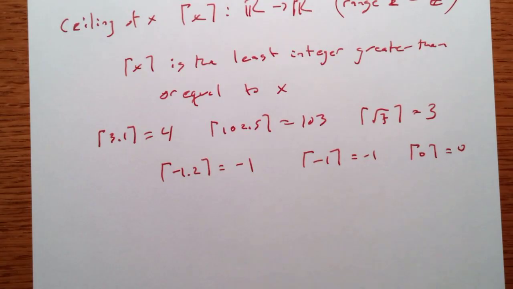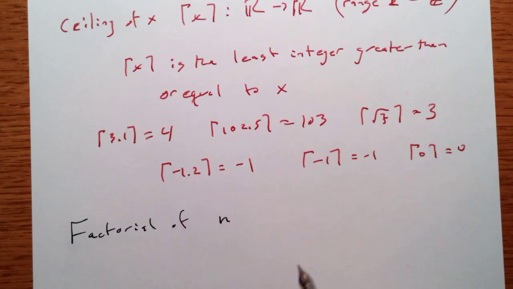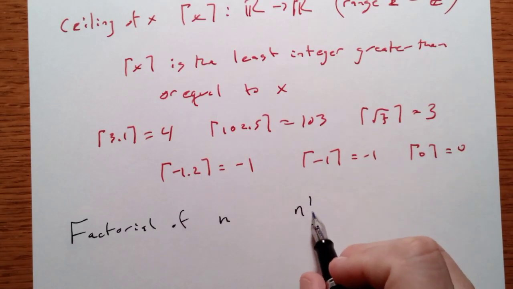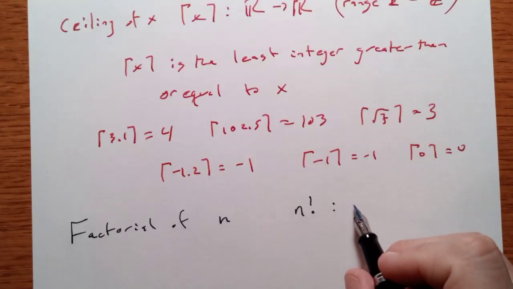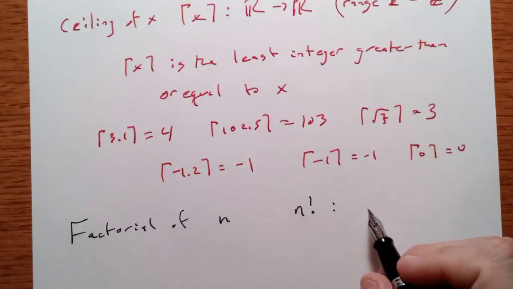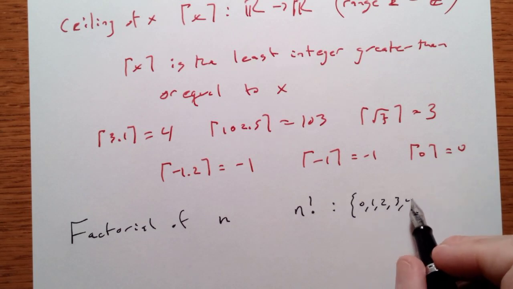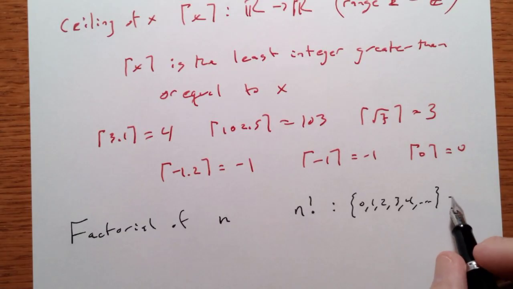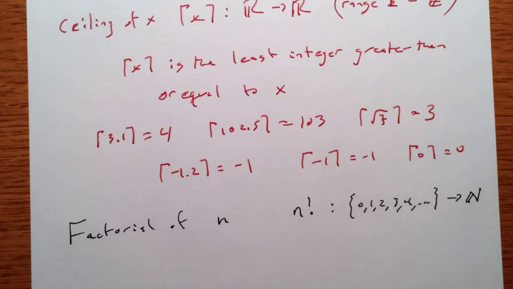Another function, which is really interesting because it's defined in an unusual way, is the factorial of n. Now, I'm using n, not x, because this is a function that is defined from positive whole numbers and always returns positive whole numbers.